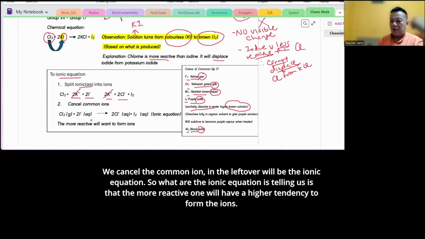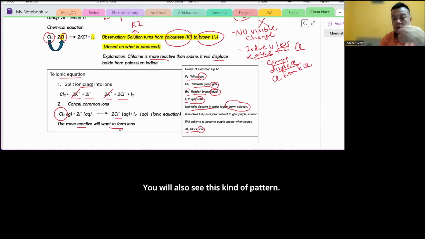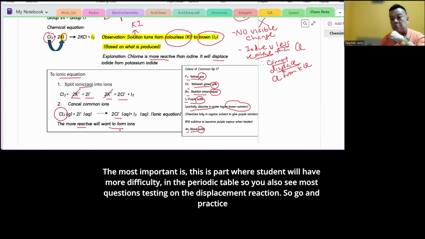What the ionic equation is telling us is that the more reactive one has a higher tendency to form ions. That is always the case. Even if you look at the reactivity series of metals, when we talk about displacement reactions, you will also see this kind of pattern. This is the part where students have more difficulty in the periodic table, so you will also see more questions testing displacement reactions.